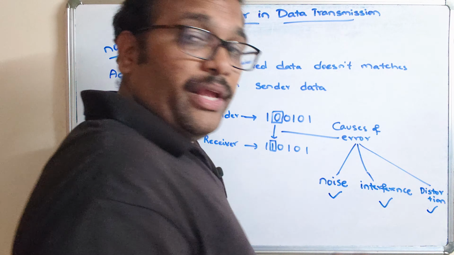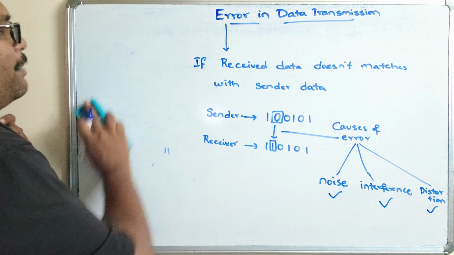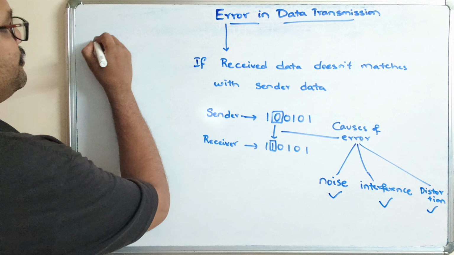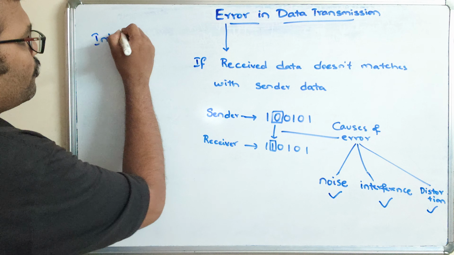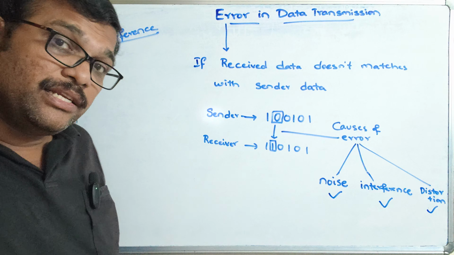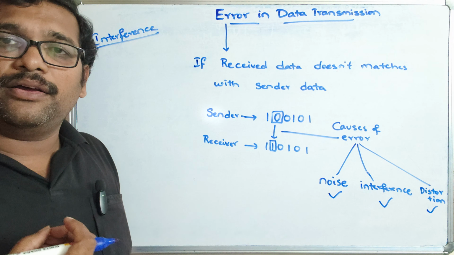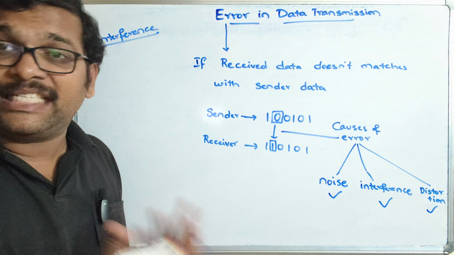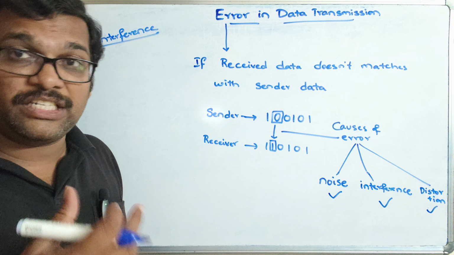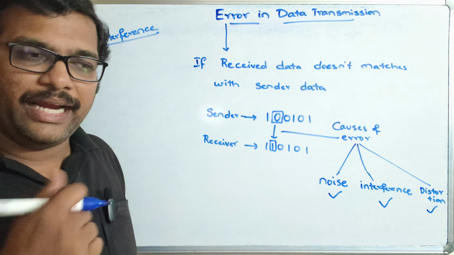Hope you understood noise. And coming to interference. Interference means at a time multiple data will be transmitted in the channel, in the transmission medium. In our previous sessions we have seen what the transmission medium is, that can be either guided or unguided.